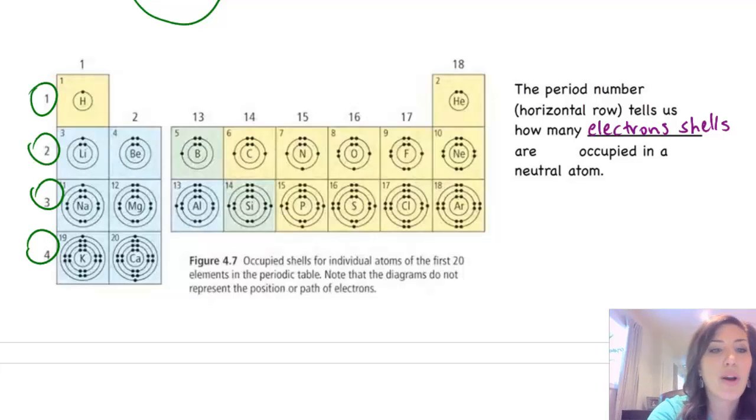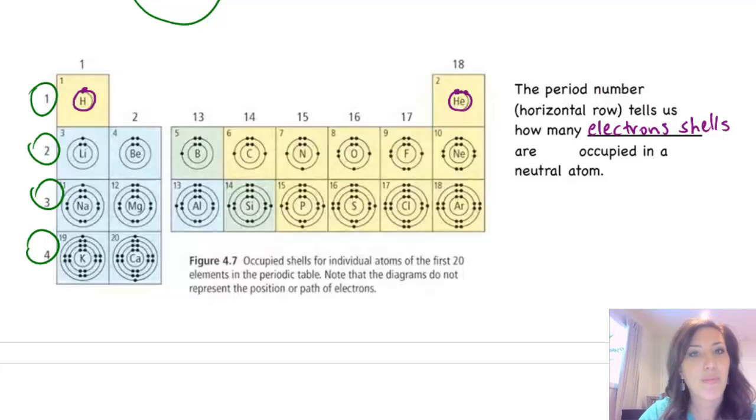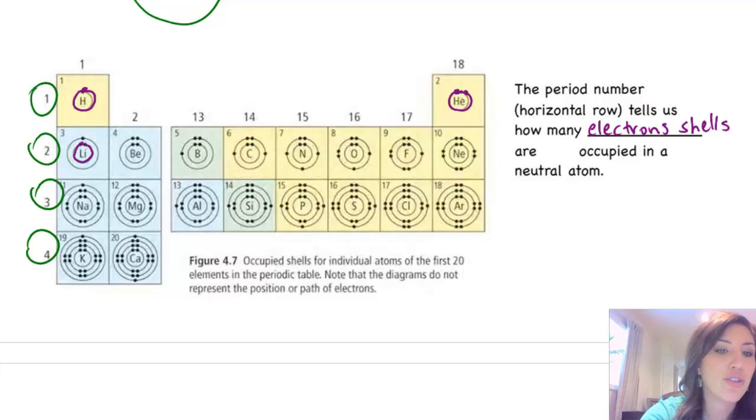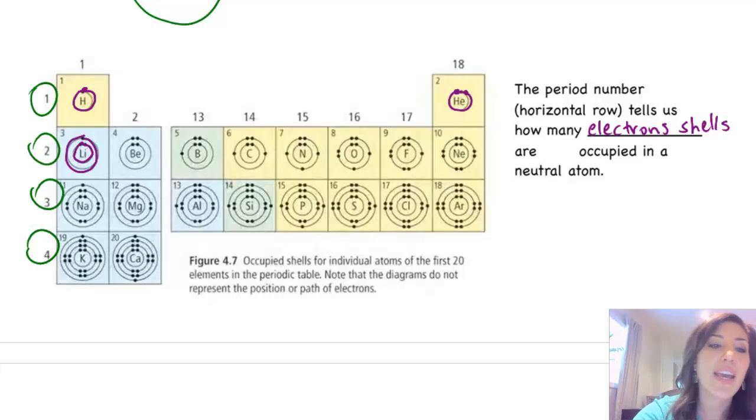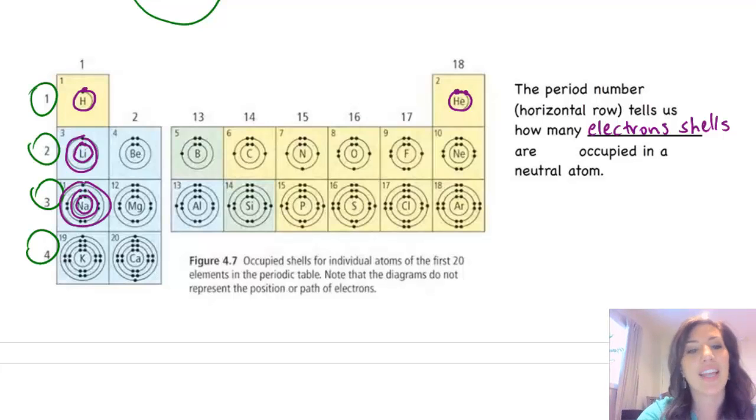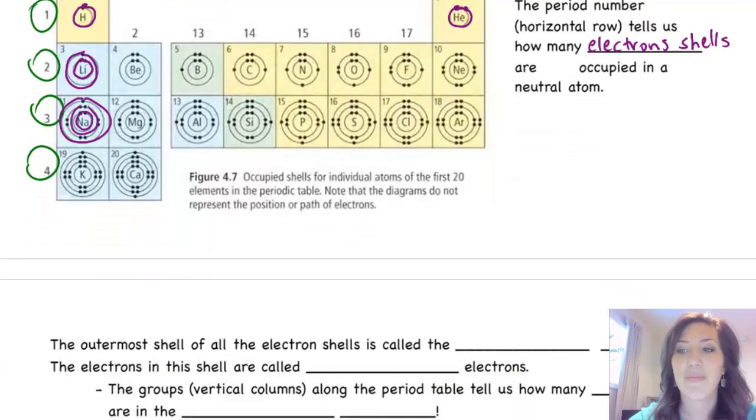So in period 1 we have 1 shell, and here helium, 1 shell. And then period 2 we have 2 shells. So that means that the first shell of 2 electrons is full, so the next electrons have to go to a second shell. In the third row we have 1, 2, 3 shells, and then again in the fourth row you can see 4 different shells.